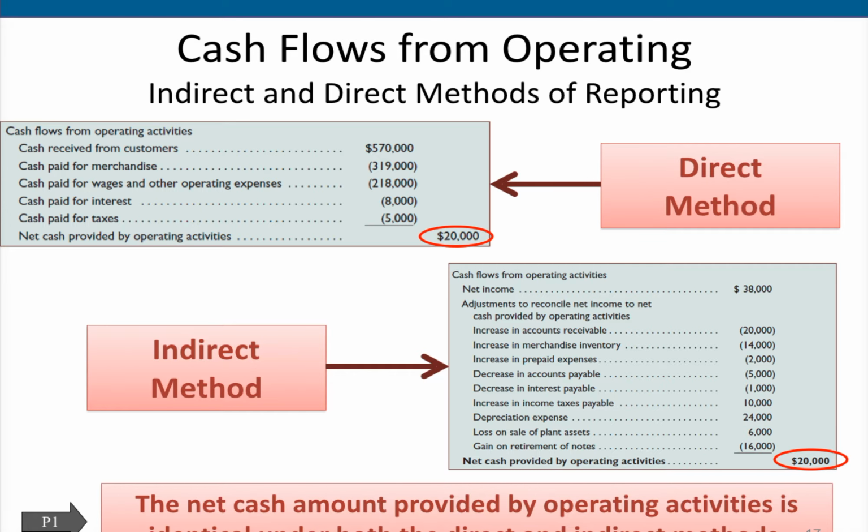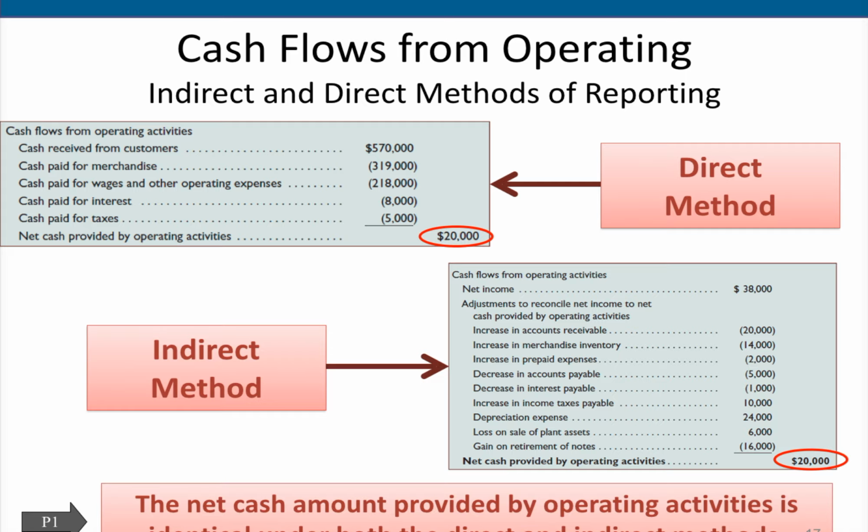Okay? So in the indirect method, you're starting with net income and then you're backing everything out that doesn't fit. With the direct method, you're just looking at the categories and basically going out and finding the information. You have the category, cash received from customers. You would just go out and find that information. Cash paid for merchandise.